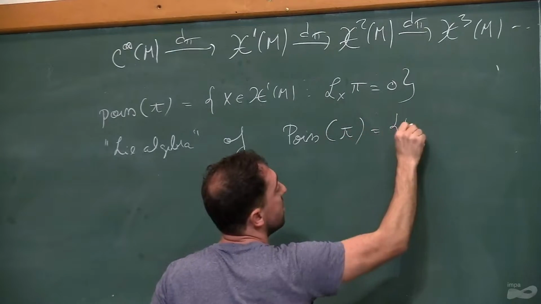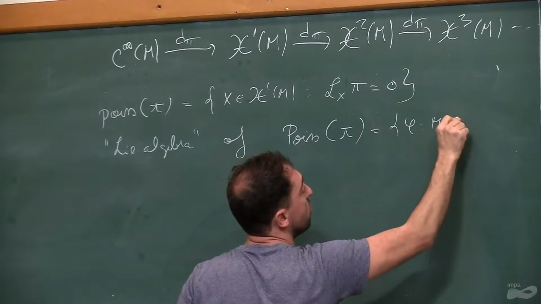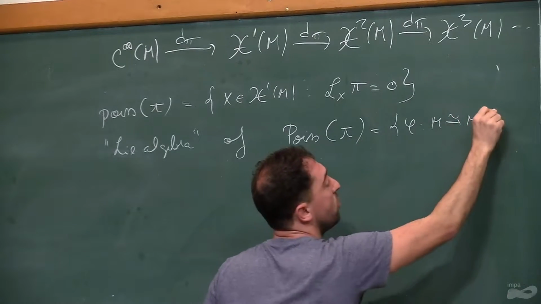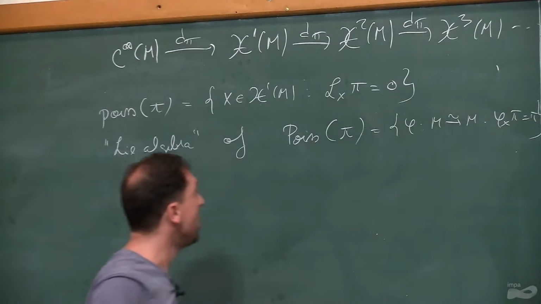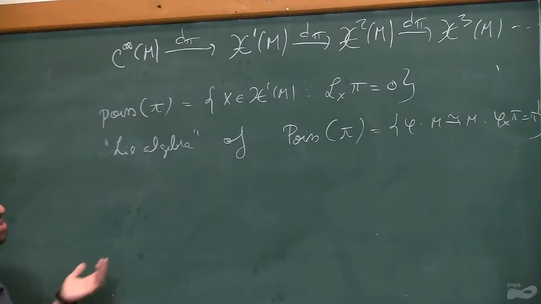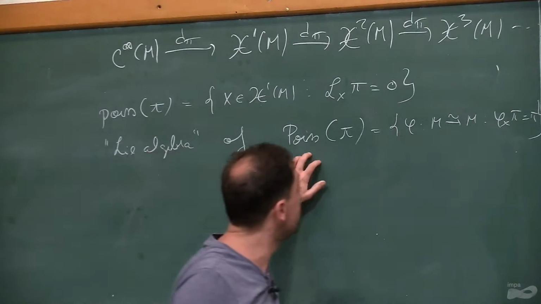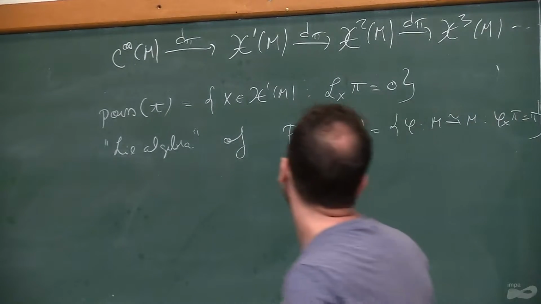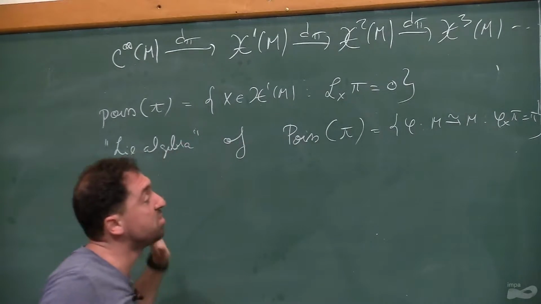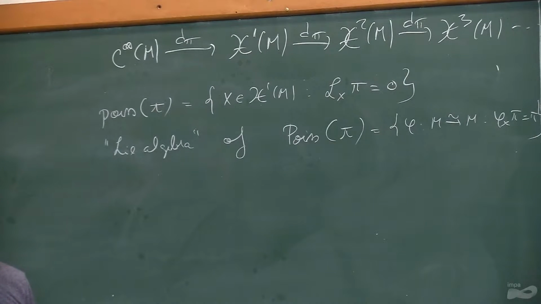So diffeomorphisms of M which preserve pi. And I'm putting this between quotes because this object here, it's an infinite dimensional group. It's not a manifold in general. We know it's closed in the C1 topology, but that's pretty much, I think, what we know in general about it.